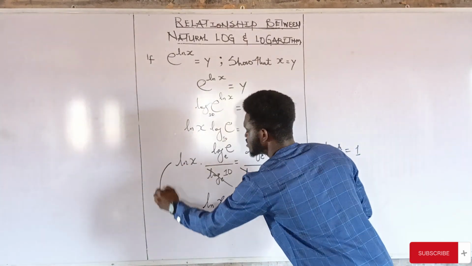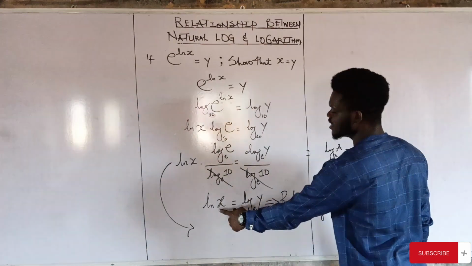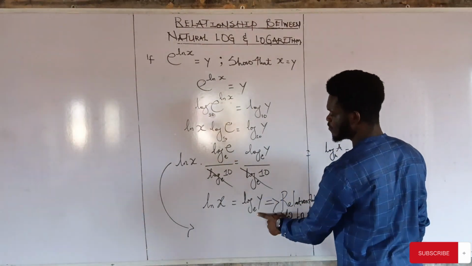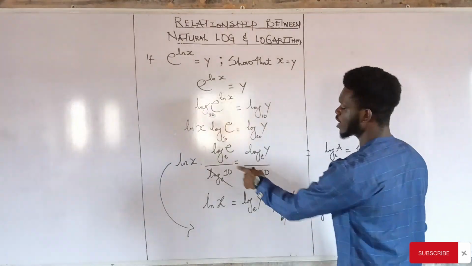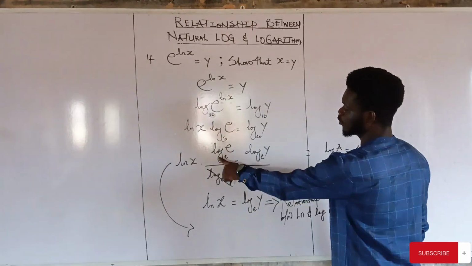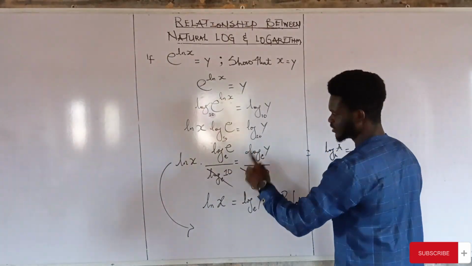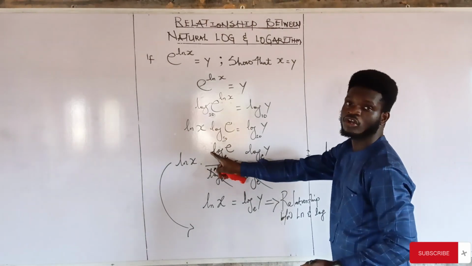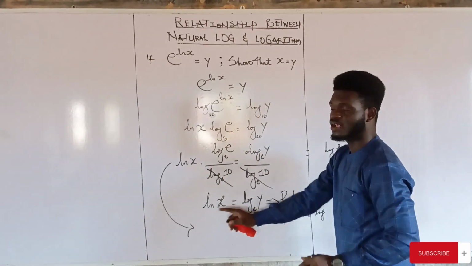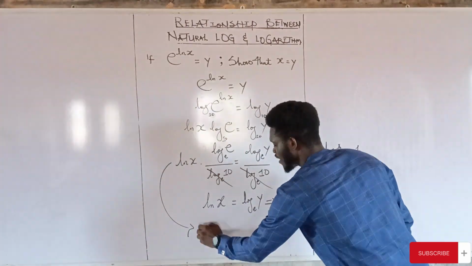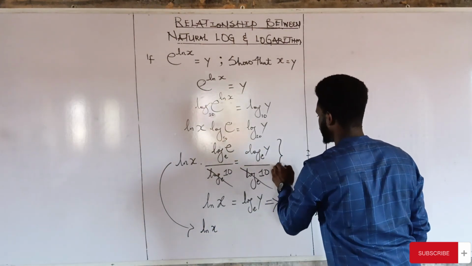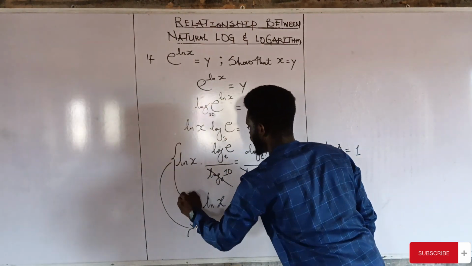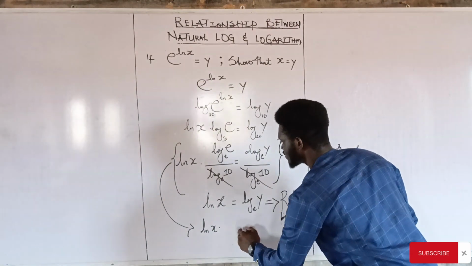Coming back to this, we have already said that ln x is equal to log y base e. So we have already discovered that truth. Now what are we going to do? Whenever we see base of e, we are going to turn it to what? To ln, because log to the base of e is always ln. Do note that. So we can rewrite this particular place to become ln x.